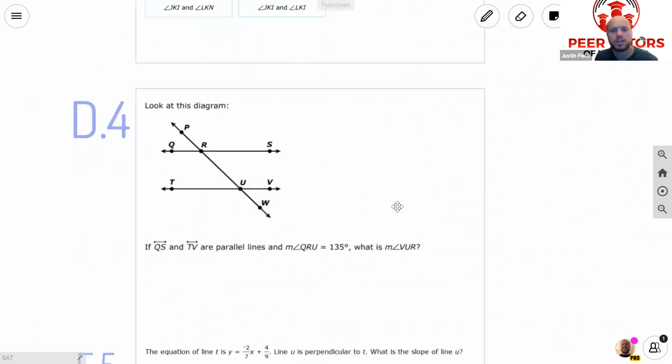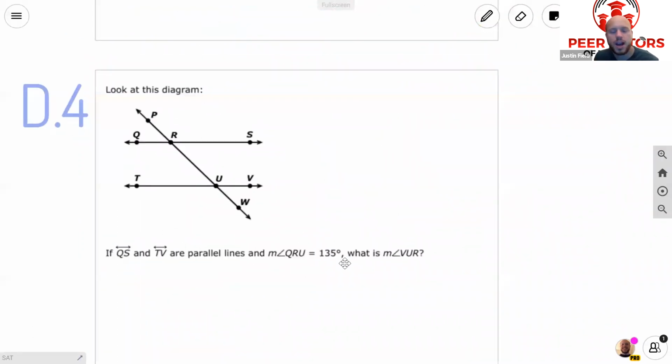We'll be practicing that. But now we can use all that knowledge to figure out angle measures. So QRU is right here, and that's 135. Well, that means that this is 135, vertical angles. But then corresponding angles means this is 135 if these lines are parallel. And it says that they are.